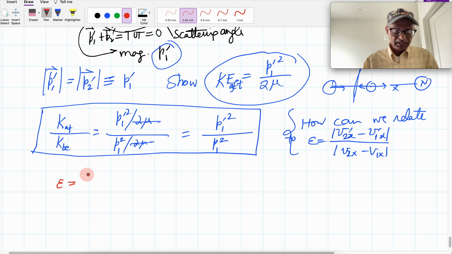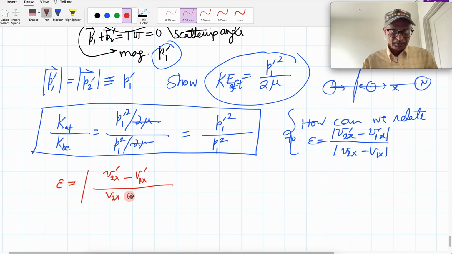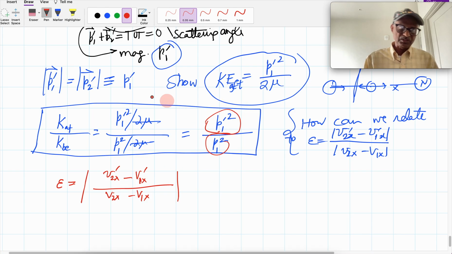Epsilon will be v2x prime minus v1x prime over v2x minus v1x. When we work this out, let's write the momentum, so if we get to that distance, we can just use this ratio to replace that. We can just call this ratio alpha.